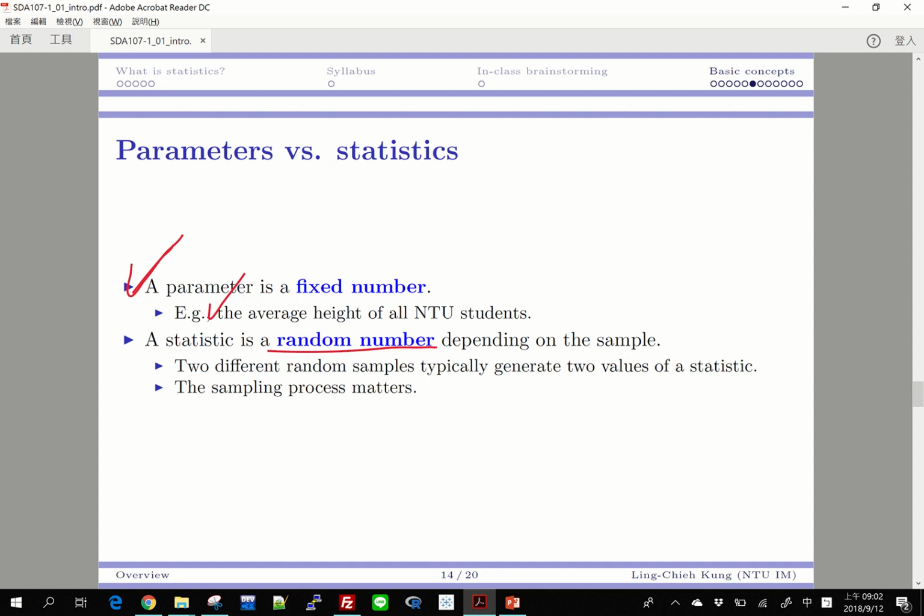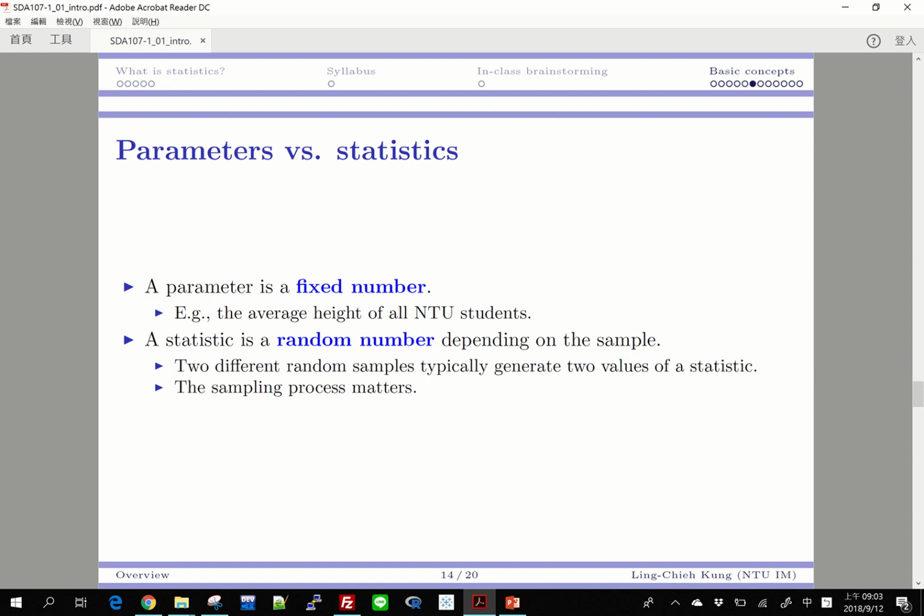So in that case, we would get two different random samples, and that would generate two values of statistics. So that's why we say a statistic is a random number. Before you do the sampling, you really have no idea who will show up in your sample. So you cannot predict, you cannot see what will be your statistic before you do the sampling.